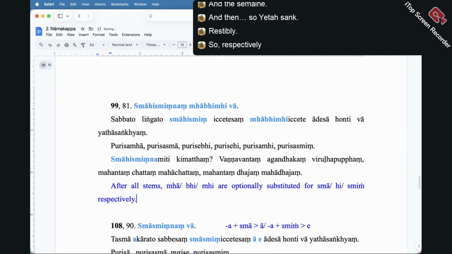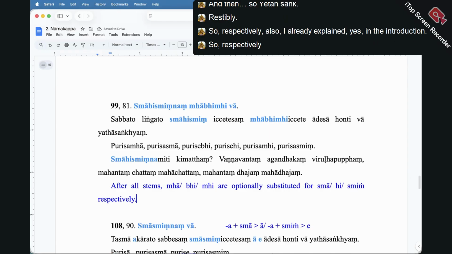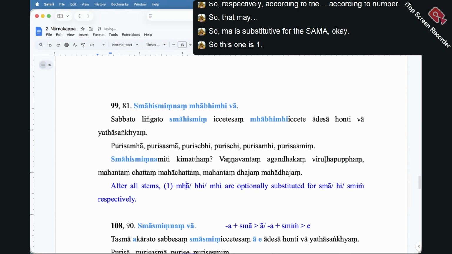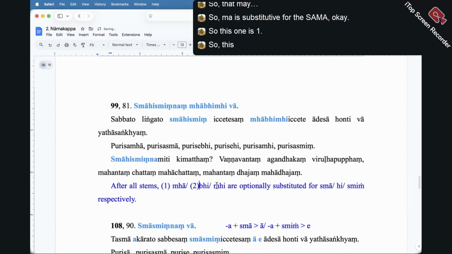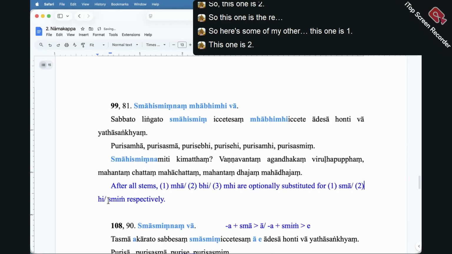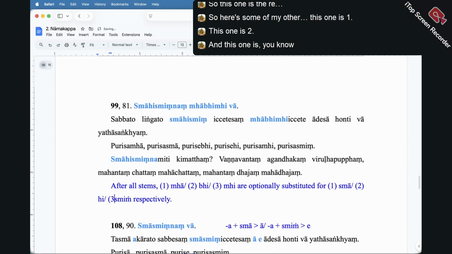So respectively I already explained yesterday in the introduction. So respectively means according to number. So that means ma is substituted for the sama. So this one is 1, this one is 2, this one is 3. So here Sama also, this one is 1, this one is 2, and this one is 3.